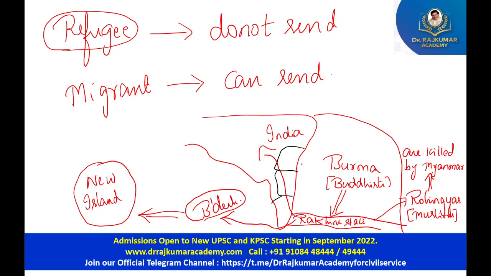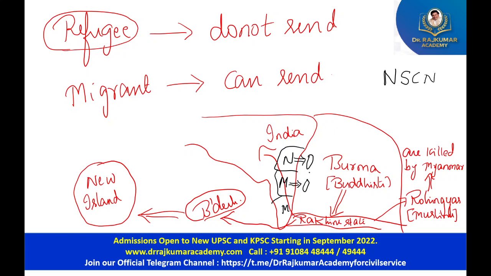And what was Myanmar doing? If you see in India, you will have Nagaland, Manipur, Mizoram region. Now, Nagas and Manipuris normally are present in Myanmar, and there are some groups like NSCN.